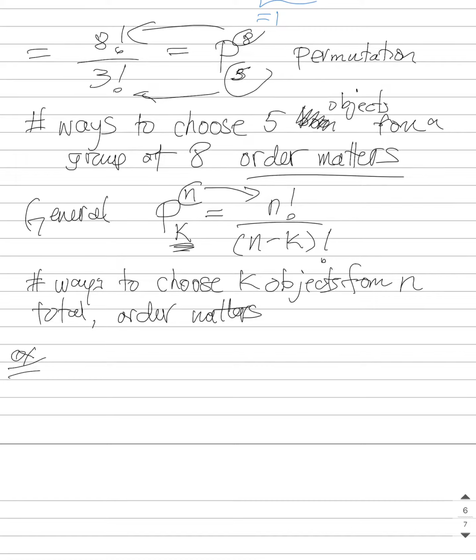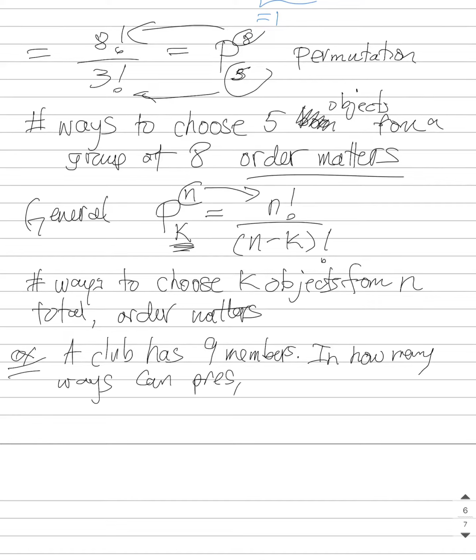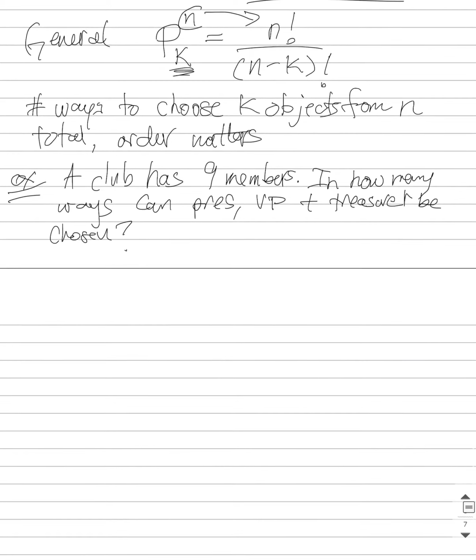And as an example, you could say a club has 9 members, right? In how many ways can a president, a vice president, and a treasurer be chosen? You could think of it just by directly counting, but I'm going to try to show you with permutation.